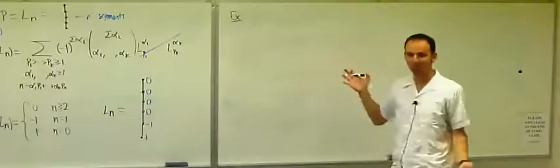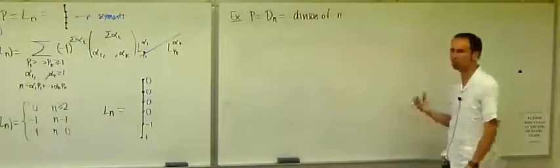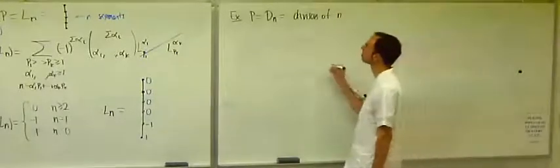Okay, another example, and then we'll get to why this is very useful. A very important example is the poset Dn, which is the poset of divisors of n, ordered by divisibility.